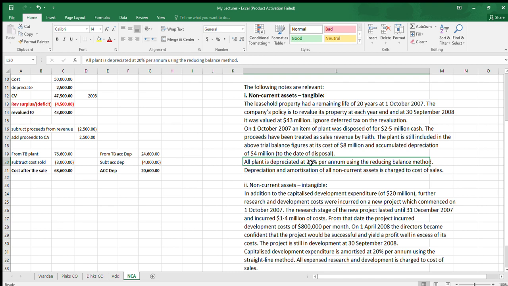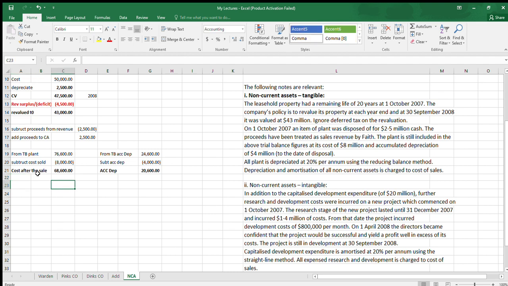So now, after the sale, we had the cost of the plant to be 68,600 and the accumulated depreciation to be 20,600, right? So now what we have to do is to just subtract our accumulated depreciation from the cost to get our carrying value of the asset. So after getting the carrying value of the asset, our depreciation is 20%.